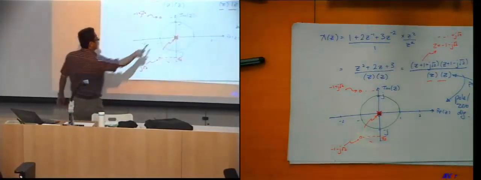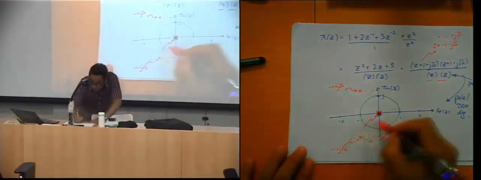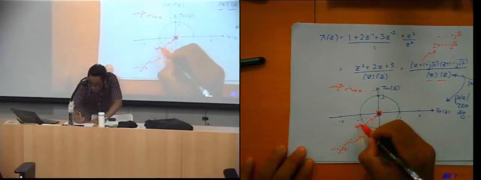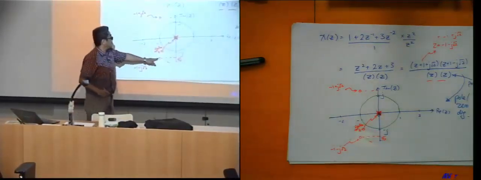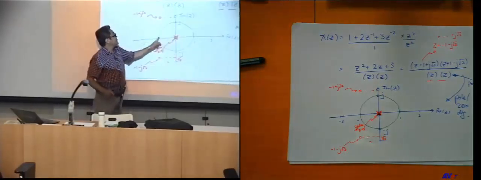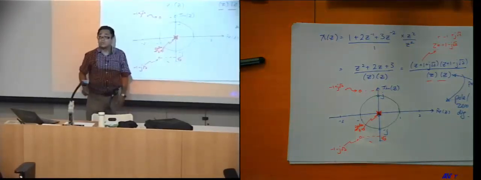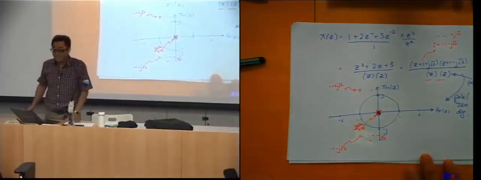So I have two poles, and at z equals 0 I have a zero, sitting at minus 1 minus j root 2 and minus 1 plus j root 2. So this is the pole and zero diagram.